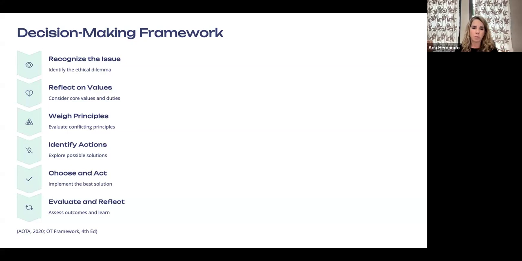Then weigh the principles, evaluate conflicting principles, identify the actions. So we reflect on the values at stake, consider our options, right? That's our identify the actions. What are the possible solutions here?